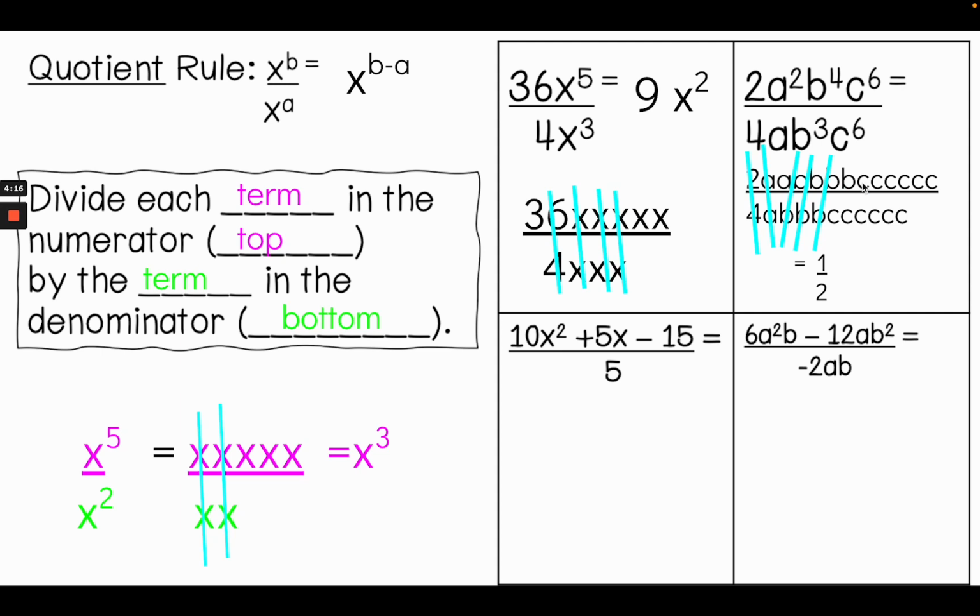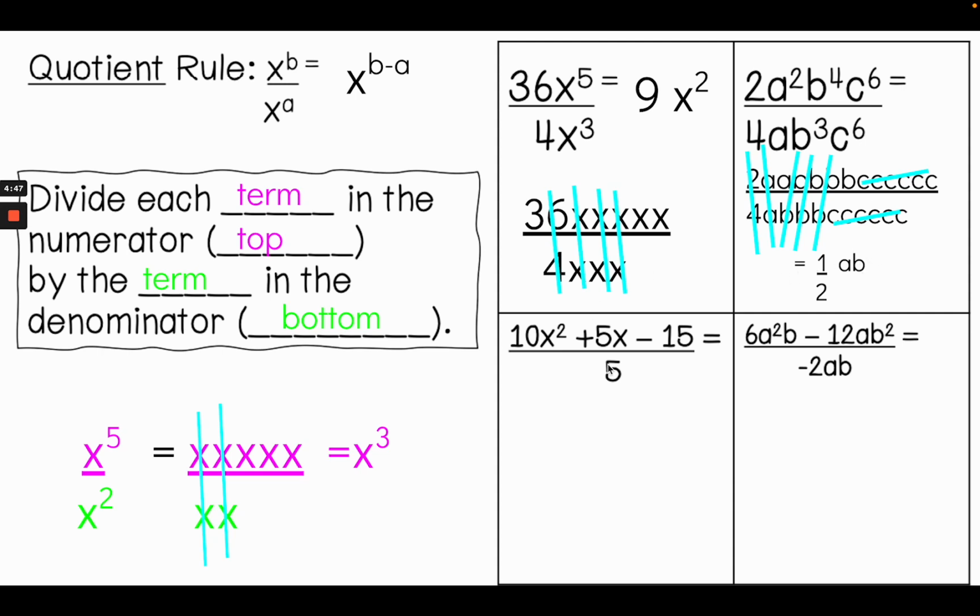And with the c's, 1, 2, 3, 4, 5, 6, 1, 2, 3, 4, 5, 6, I'm canceling both the 6 on the top and on the bottom because they're equal. And what's left here? Just ab, because there's 1 a left and 1 b left. So 1/2 ab. Now if we looked at this and we said 2 minus 1 is 1, 4 minus 1 is 1, 6 minus 6 is 0, and that's why there's no c there.